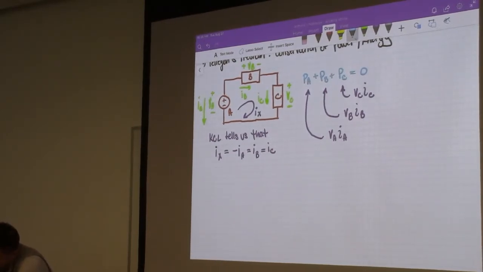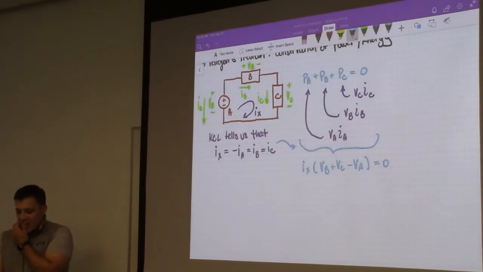And so if I take that and I plug it into this expression right here, what that will give me is something that looks like this. Ix times (VB plus VC minus VA) equals 0.